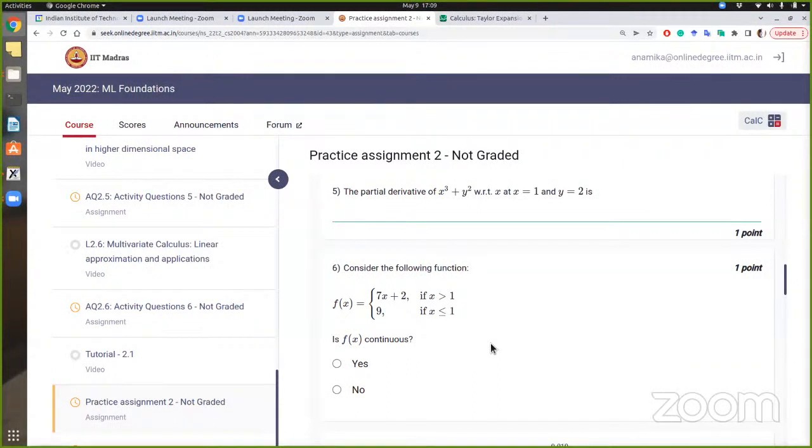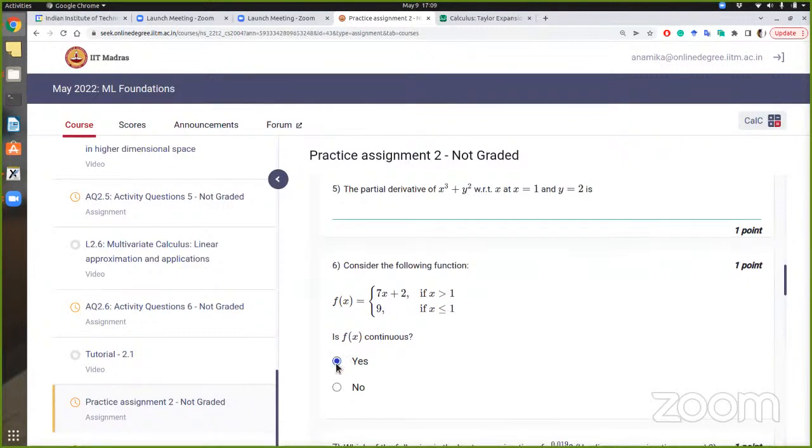To check for continuity, you check left hand limit, right hand limit, and the function's value. Function's value at x is equal to 1 is how much? 9. Left hand limit is 9. Right hand limit, you will use the upper one. So at x is equal to 1, that will become 9. So all the values are same. So it is continuous.